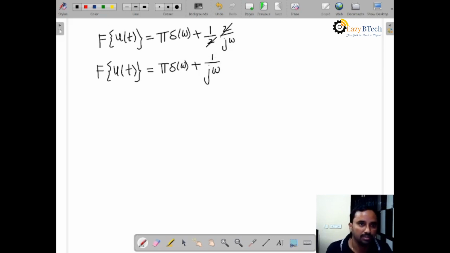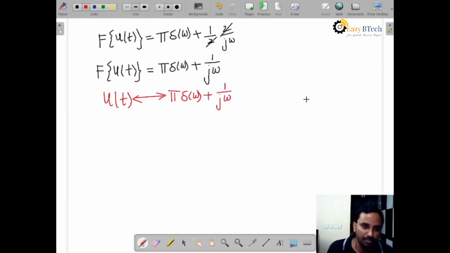This is the answer. So I am writing the Fourier transform pair: u of t has Fourier transform pi del of omega plus 1 by j omega. So this is the result. Till now we have seen Fourier transforms of elementary signals.